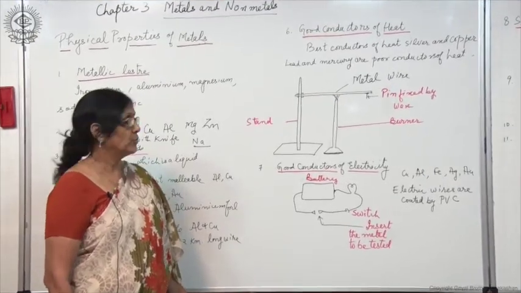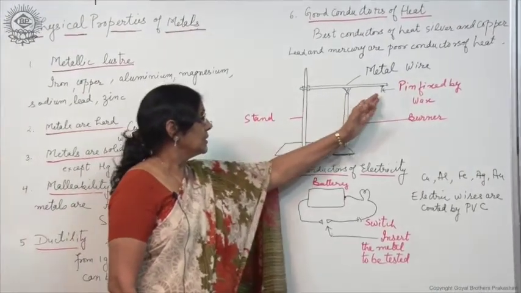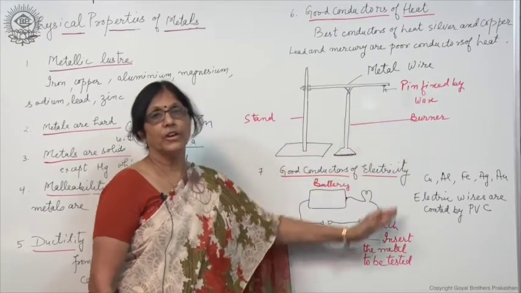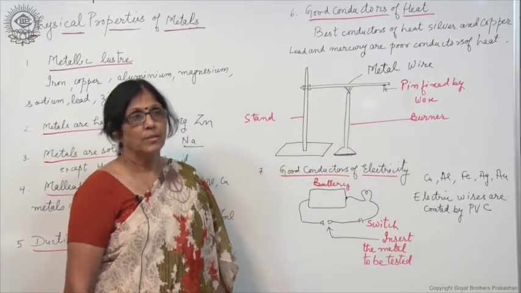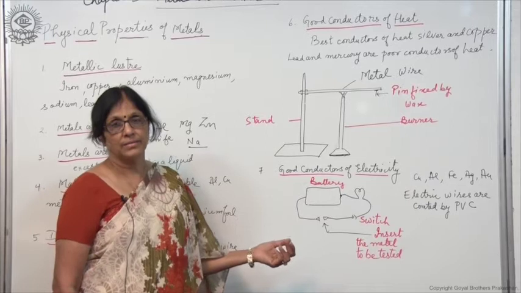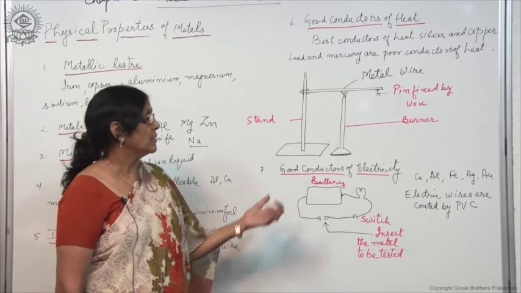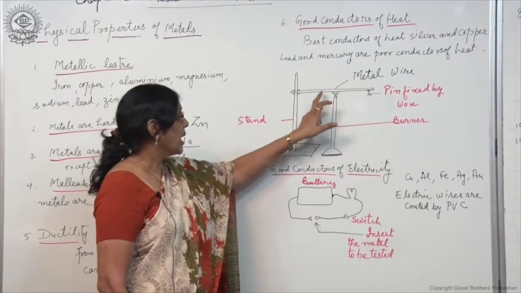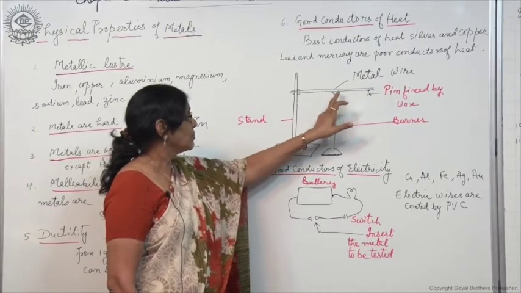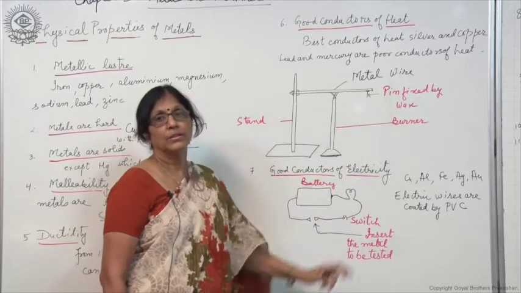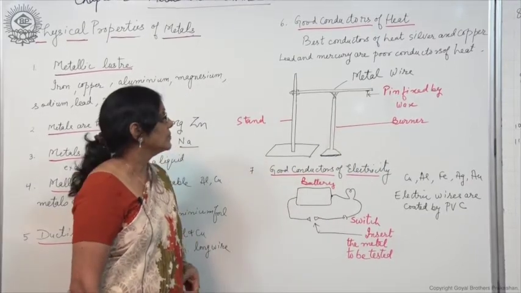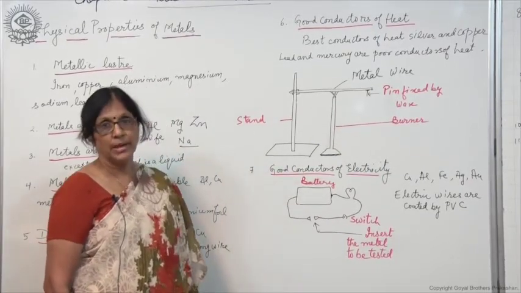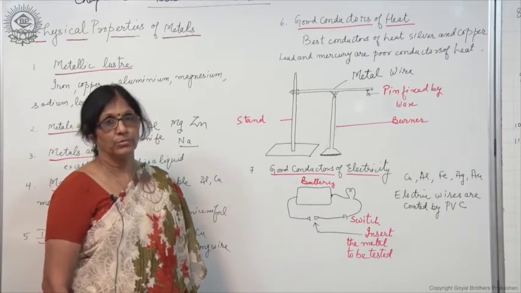What do you observe? You will find that this pin falls down. Why? Because the wax has melted. Why has the wax melted? Because this part is heated and the heat is conducted to this end of the wire, due to which the wax melts and the pin falls down.